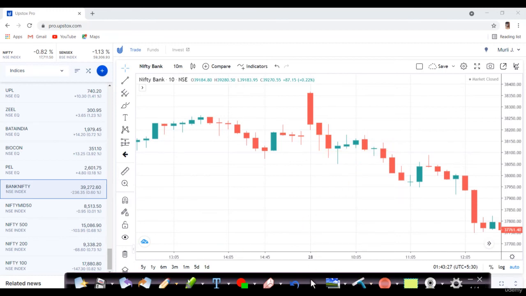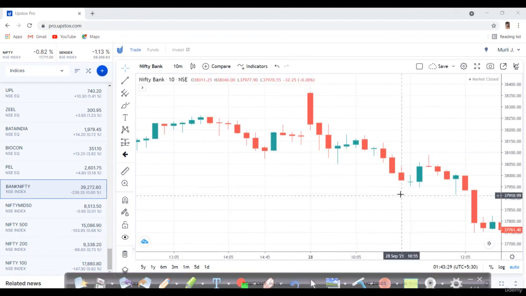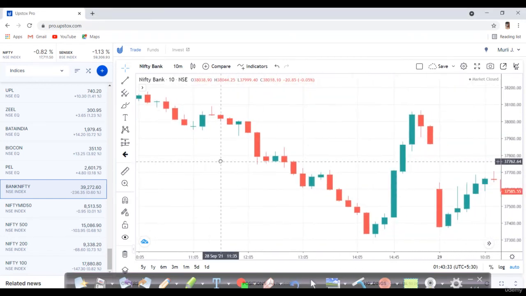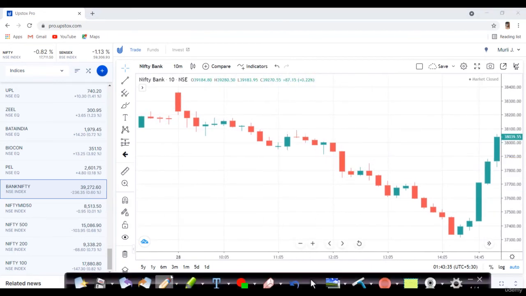Always remember these things. You will get them when you observe the market by yourself. See, you got this much fall. This is a very big fall compared to the others, because it's almost from 38,100 to 37,300. It's almost an 800 to 900 point move.